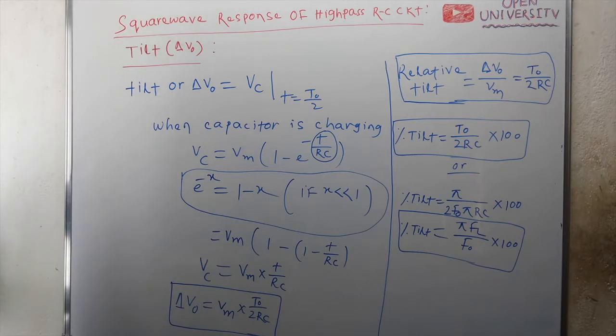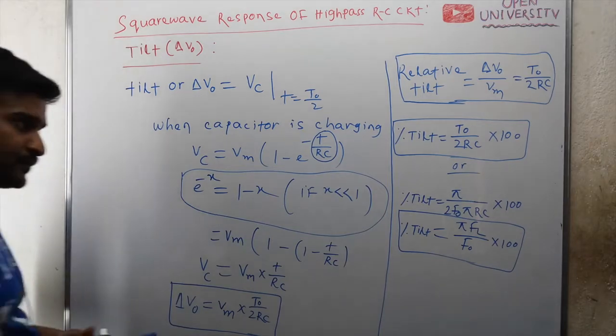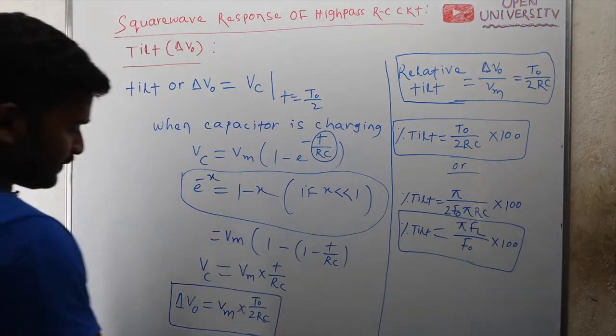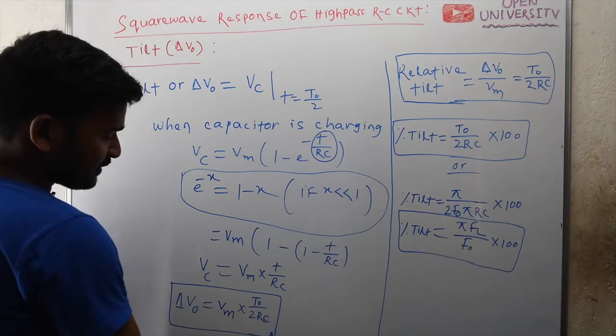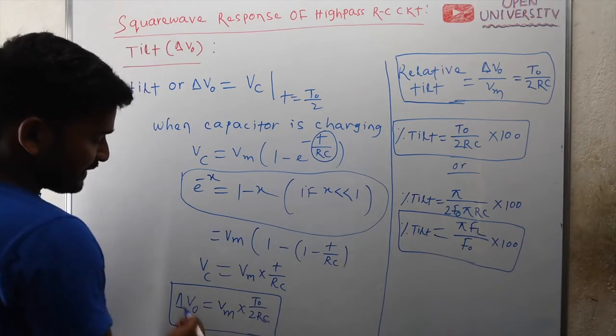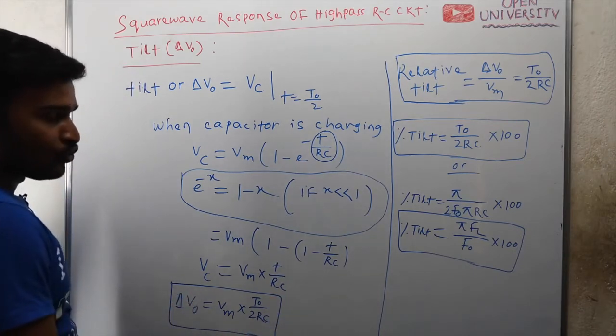If the RC time constant is very high, then delta V naught will be very low.